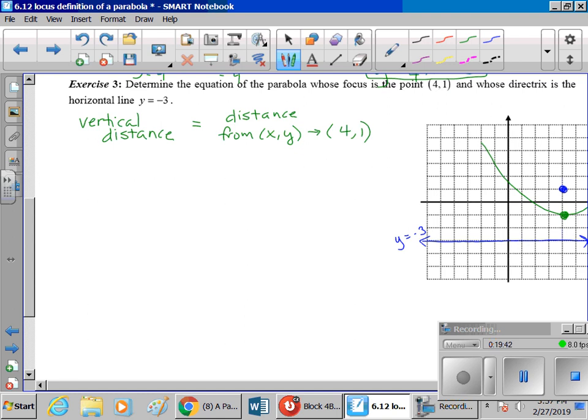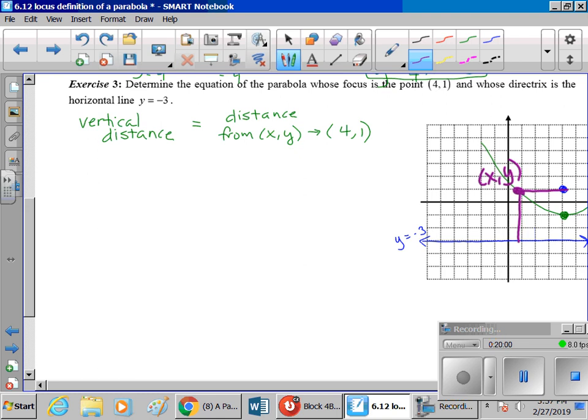Now, pick a point. Doesn't matter where. Here's a point. We're going to call that point xy. So what we're saying is the distance from here to here and the distance from here to here.